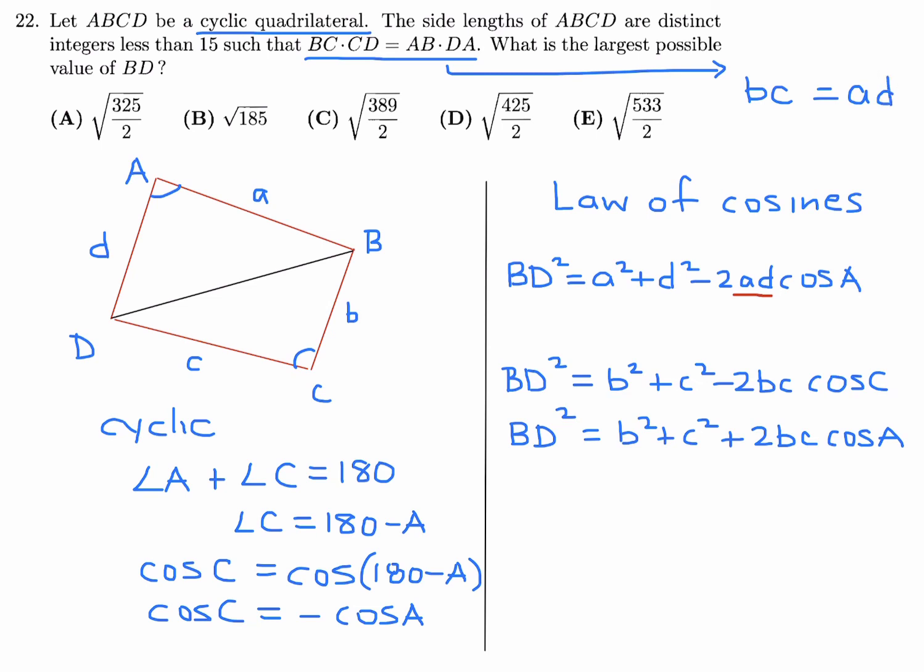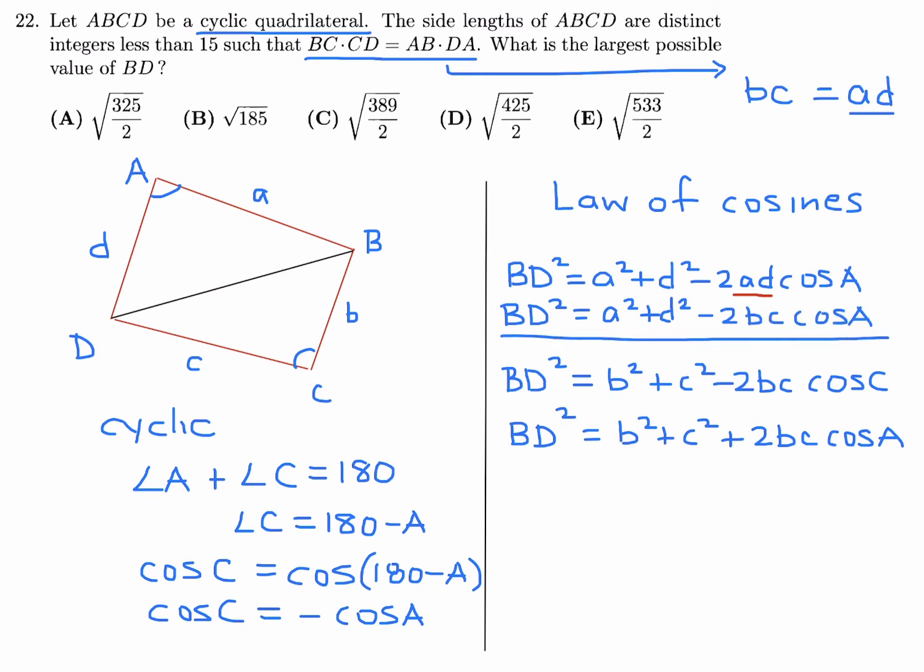So this AD equals BC, so that means instead of this AD here, I can just put BC. So this becomes BD squared is A squared plus D squared, but instead of minus 2AD, I can put minus 2BC. And there we go.